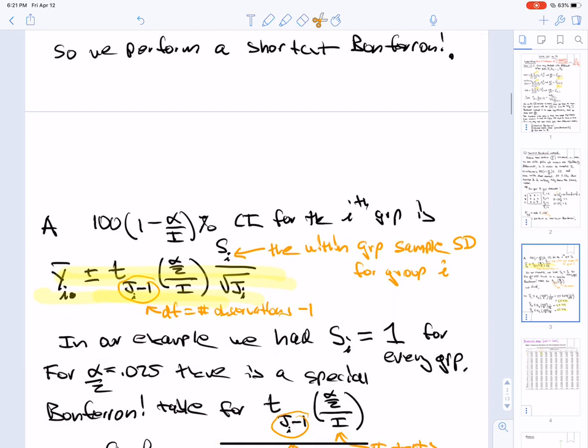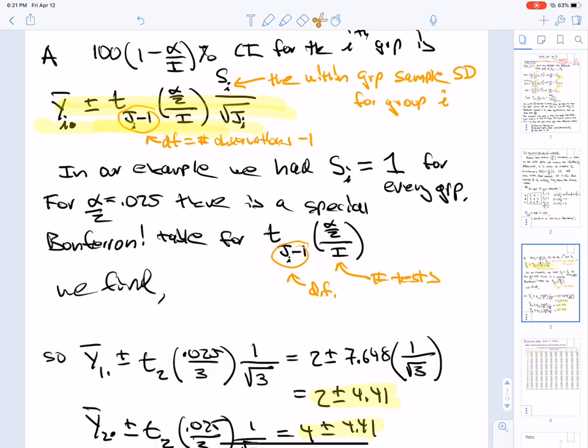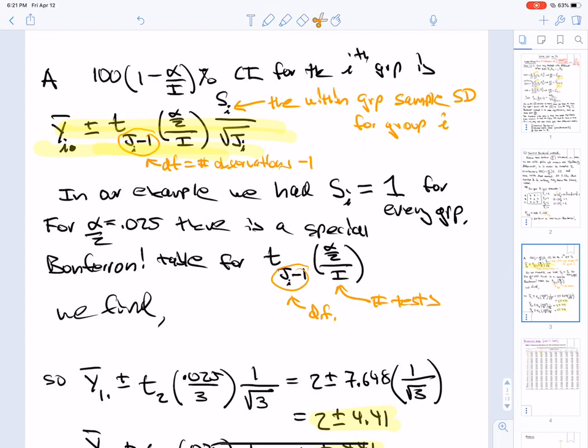We perform a shortcut Bonferroni, and so our 100(1 minus alpha over I)% confidence interval is what's shown here, and so we have the row mean plus or minus the cutoff given by the quantile for the t distribution with Ji minus 1 degrees of freedom for probability alpha over 2I.